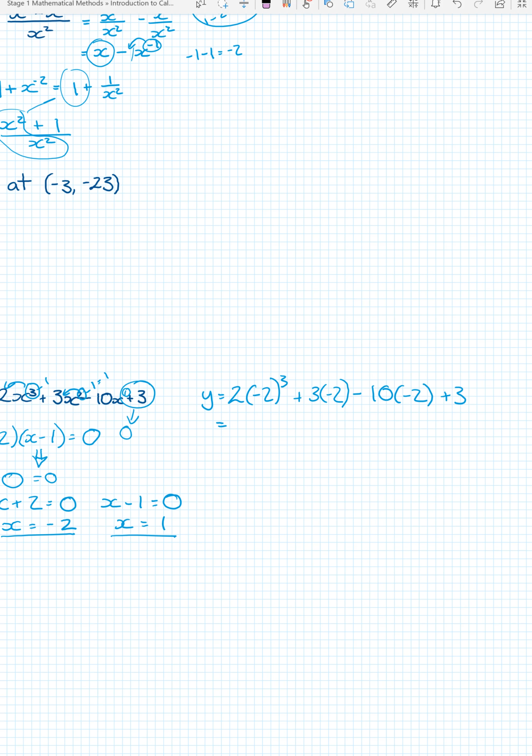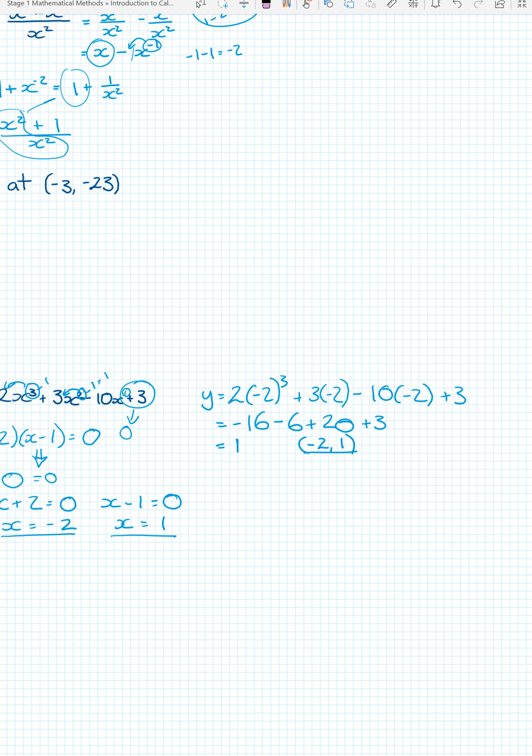Minus 8 times 2 is minus 16. 3 times minus 2 squared is 12. Minus 10 times minus 2 is positive 20. And then we add 3 at the end. Minus 16 plus 12 is minus 4. Plus 20 is 16. Plus 3 is 19. So our first point would be minus 2, 19.